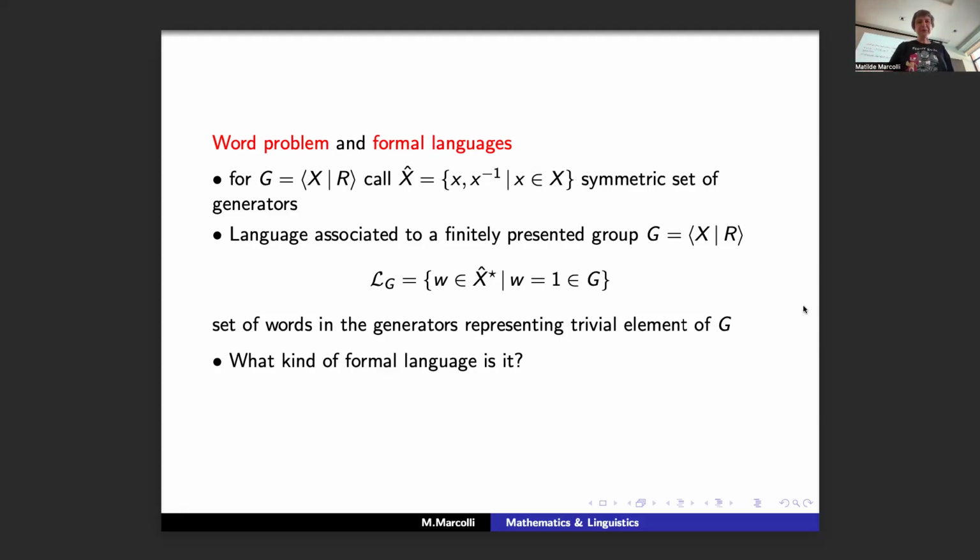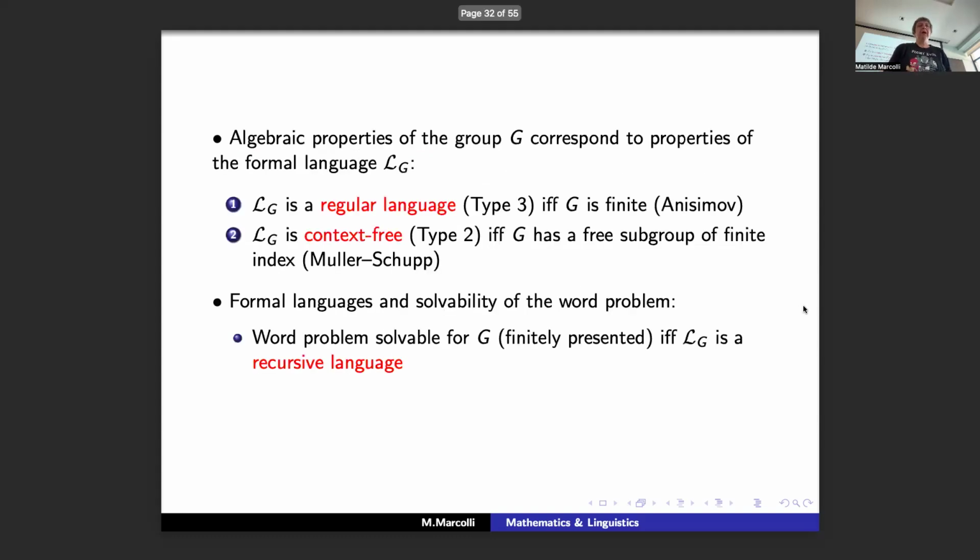So, the question you can ask, of course, is once you define this as your language, what kind of formal language is it? There are two results, and I'll list the references, that characterize the cases of the regular languages and the cases of the context-free languages.